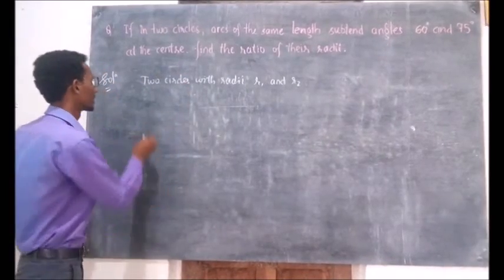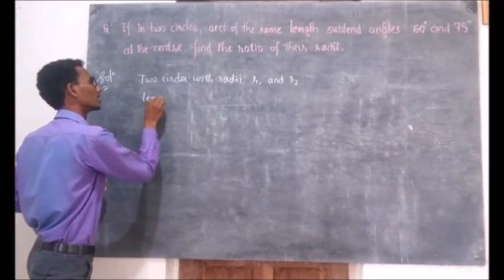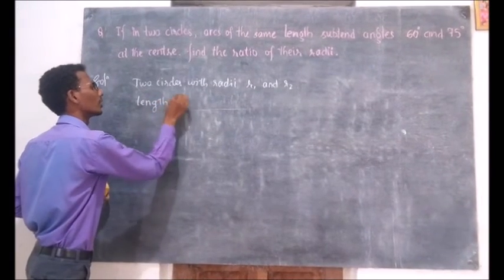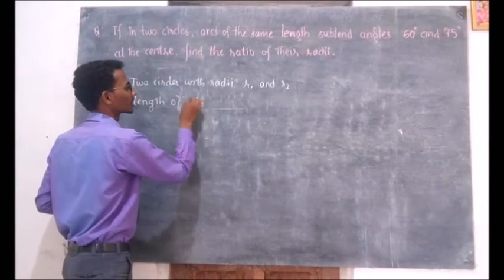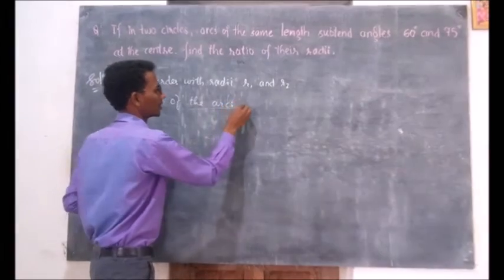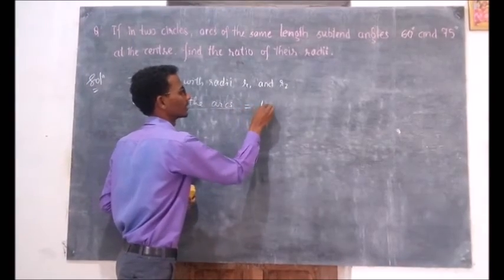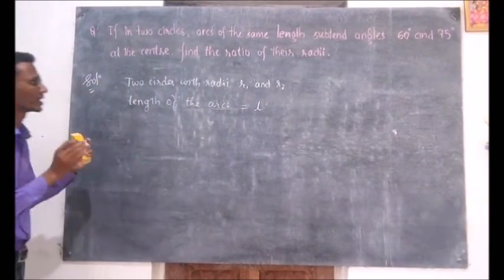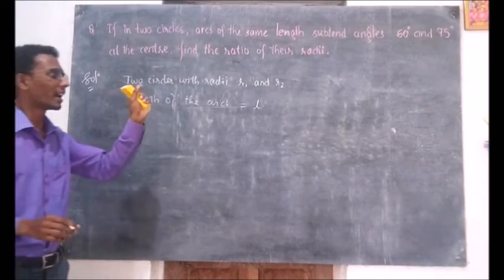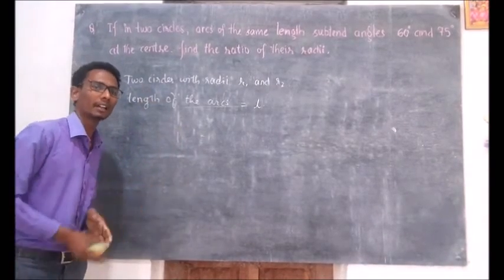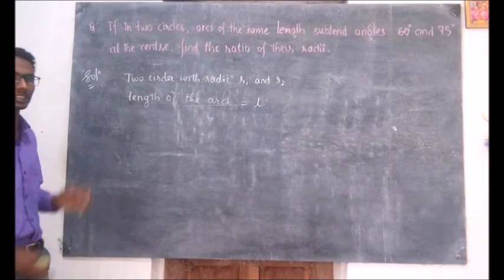Arcs of the same length means length of the arcs be equal to L centimeter, or it is equal to L. So we have angles 60 degree and 75 degree at the center.